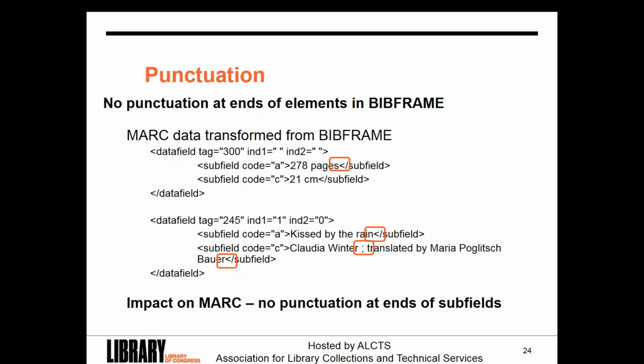The second example is a 245, a title example, and you would normally find the ISBD / after rain in the MARC record, and you would also find a period after the last name of the translator, Bauer. You would find a period, but because these things are missing in BibFrame, they're missing when they come back into MARC.